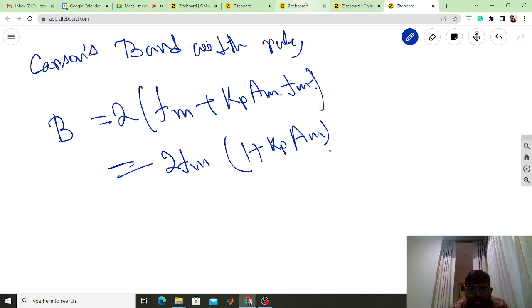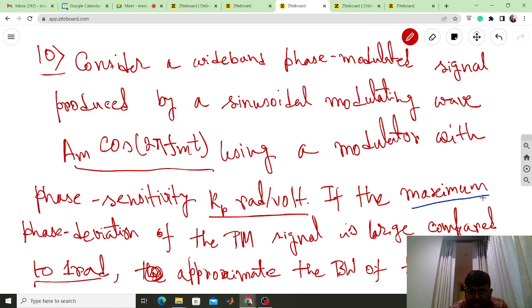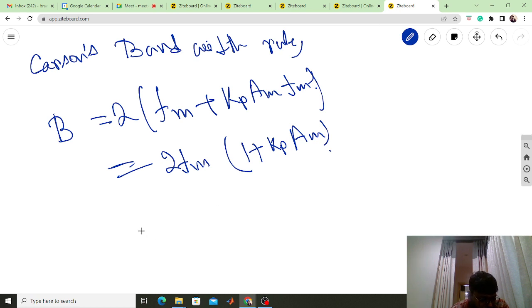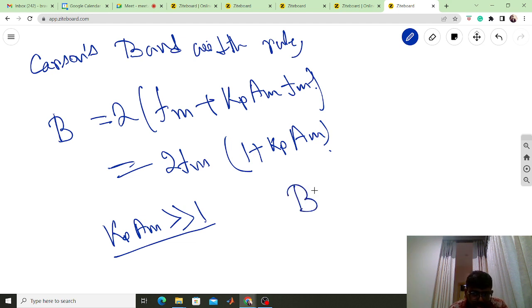Now what was given in the question, that the maximum phase deviation of the PM signal is large compared to 1 radian. So from there we can write kp Am is greater than 1. Hence B equal to 2 fm kp Am.